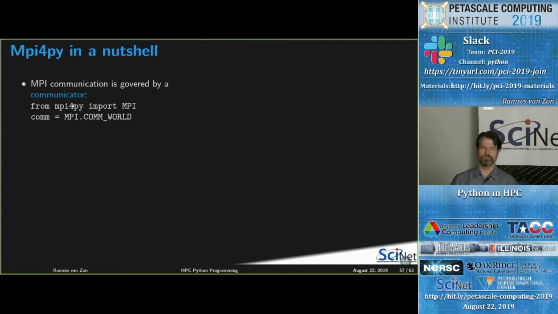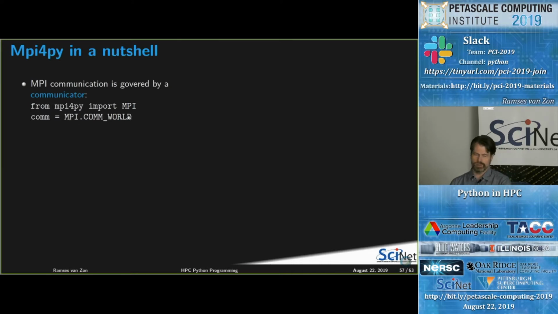If I just import mpi4py, I can do that, but it doesn't do an MPI init. If I import MPI with capital letters, it does an MPI init for me. Boom, done. And then the communicator exists. By default, there's an MPI COMM_WORLD.